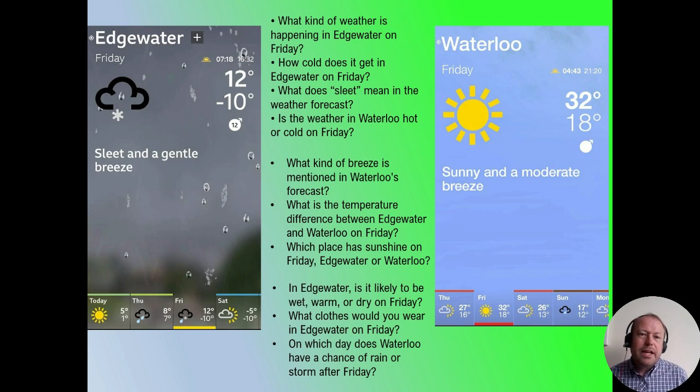So these questions are all completely generated and checked by me, though generated by AI, and they've been brought together from these 2 screen grabs of very contrasting days in London's Waterloo the last week, where it was between 17 and 32 degrees, and then another very notable day in the last few months in the UK, where the temperature really did go from -10 to 12 over the course of a very few days.